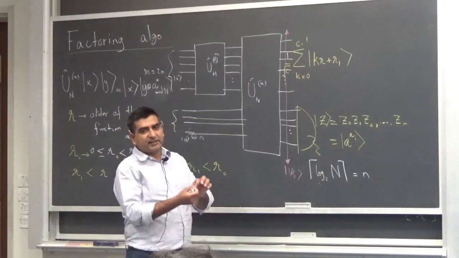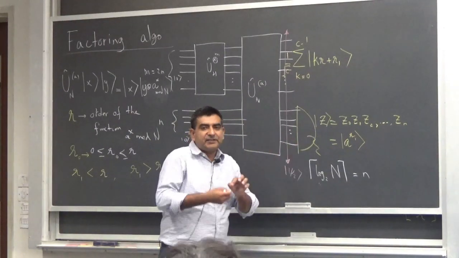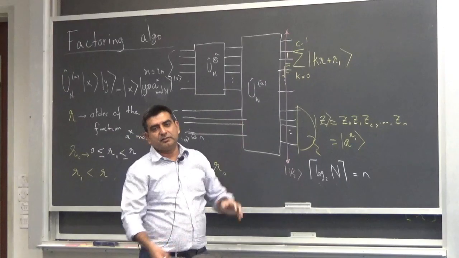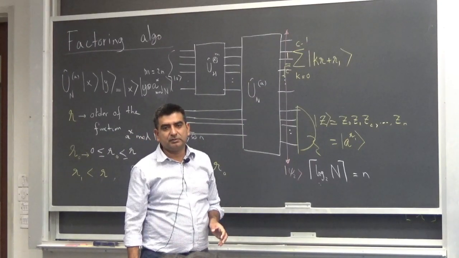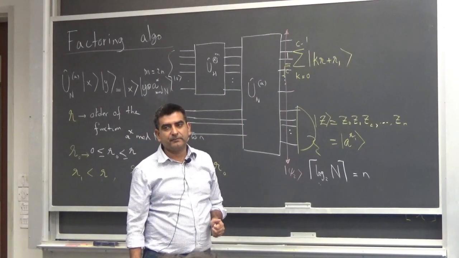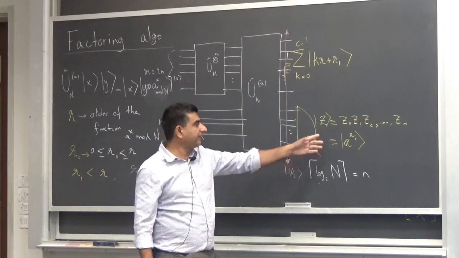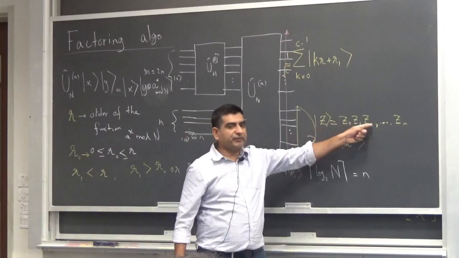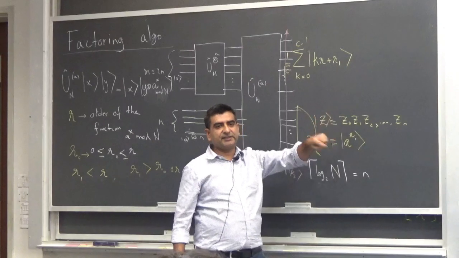So small n is the number of qubits, and Z is the value of this qubit register after measurement. Z is some sequence of zeros and ones, and you can cast this in integer form as well.